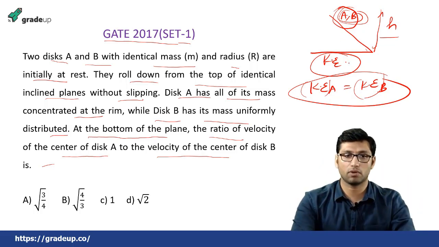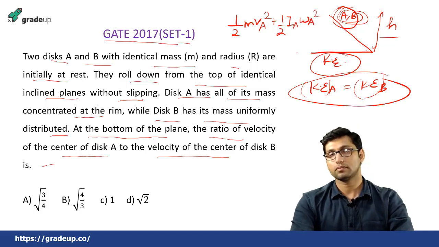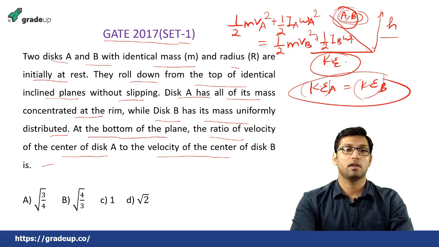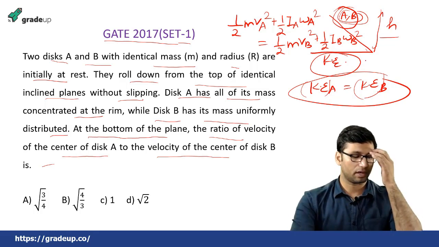So the total translational kinetic energy will be half m VA square, and the rotational energy will be half IA into omega A square. Similarly for B, it will be half m VB square plus half IB into omega B square. So this is the concept used here.